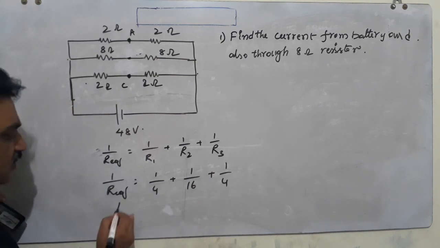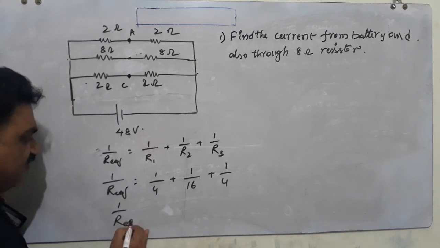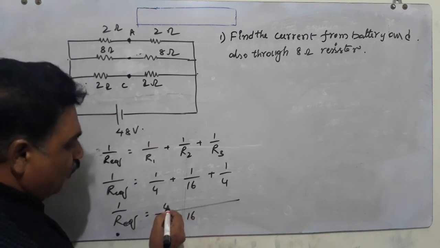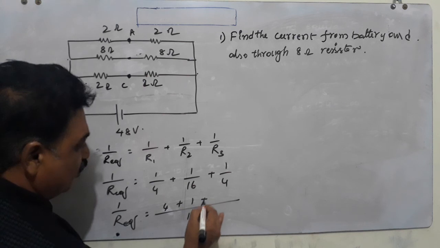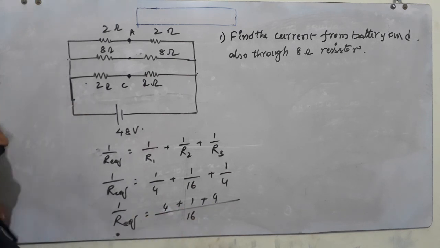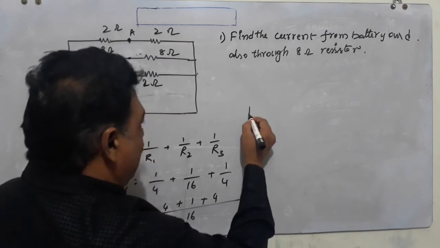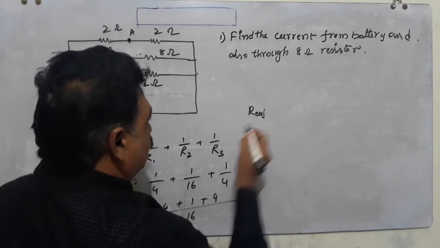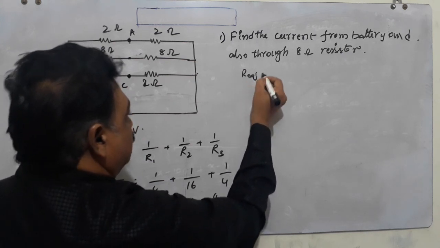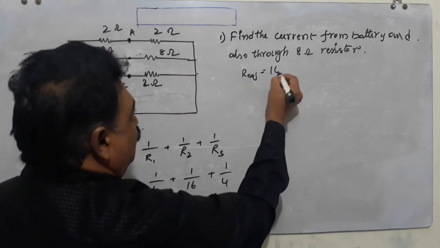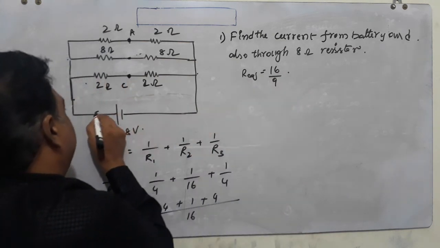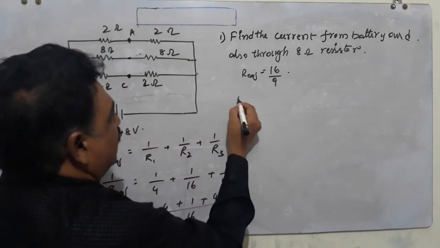And here 16 is the LCM for this. So that 4 plus 1 plus 4 over 16. So 9 by 16. So that R equivalent is equal to 16 by 9. I want the effective current I from the battery.